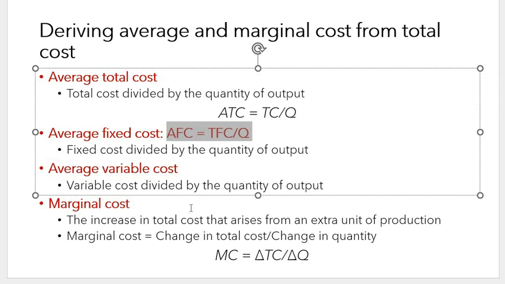And AVC, just copy it here and change, AVC equals TVC divided by Q. So very simple definitions and calculation if needed.